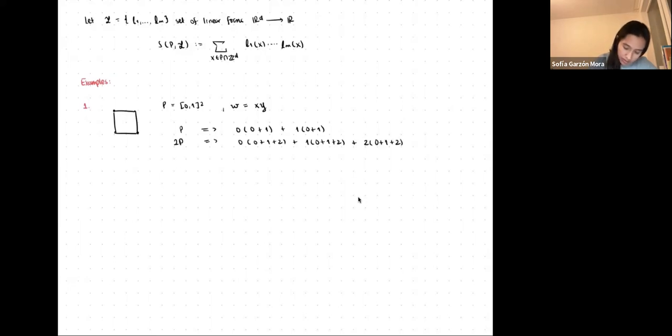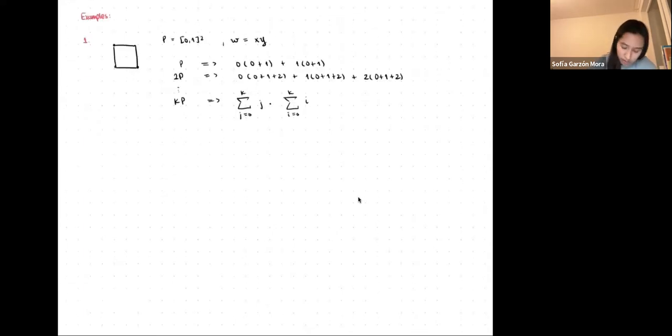So it already gives you a hint for kP. So this is basically the sum from j equals 0 to k of j times the sum from i equals 0 to k of i. Right? And we can actually express this as a rational function, and the weighted Ehrhart counting function in terms of k is just k(k+1)/2 times the same thing.